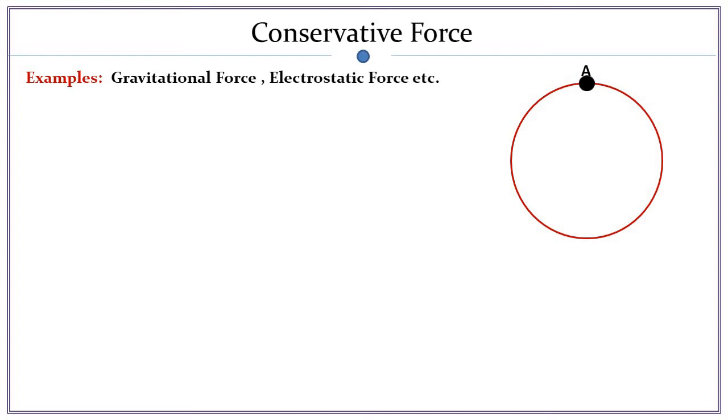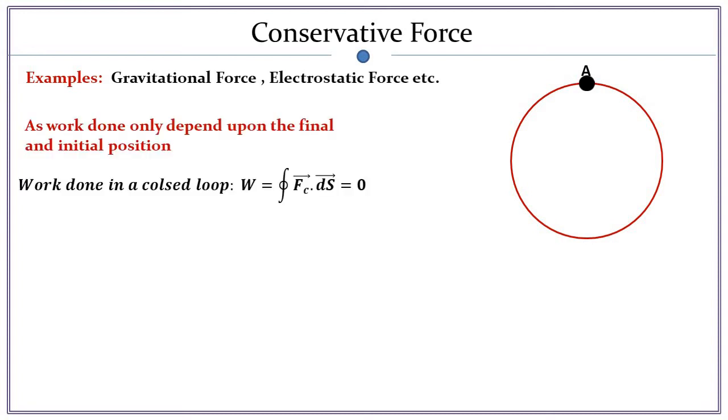Under this scenario, the total work done can be written as the integration of Fc ds over the closed loop and this will be equal to 0. Why? Because the work done will only depend upon the initial and final position. As the initial and final position of the object is the same, that means the total work done is 0.